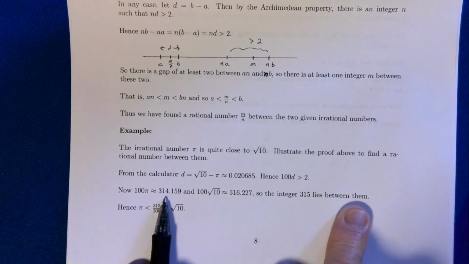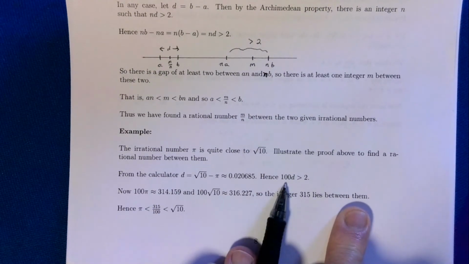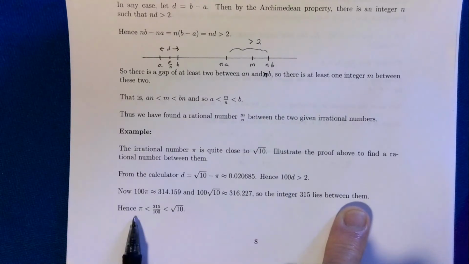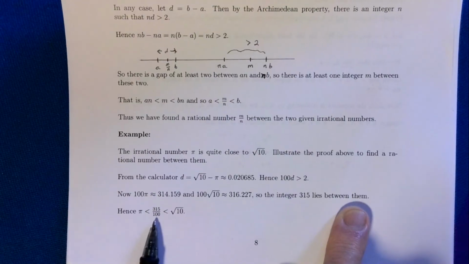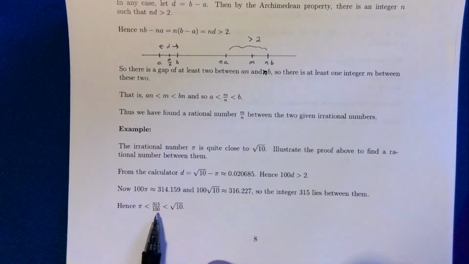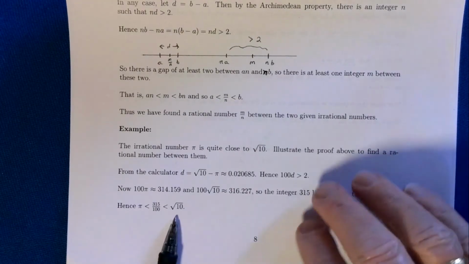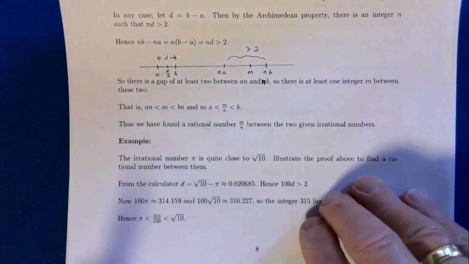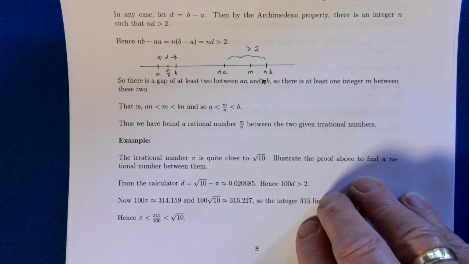And so finally then I now go back and take the magnifying glass away. I divide by 100. And so the fraction 315 over 100, which of course we'll simplify down, lies between pi and root 10. And there is a rational number between the two. We'll do a little bit more on that in the tutorial problems.